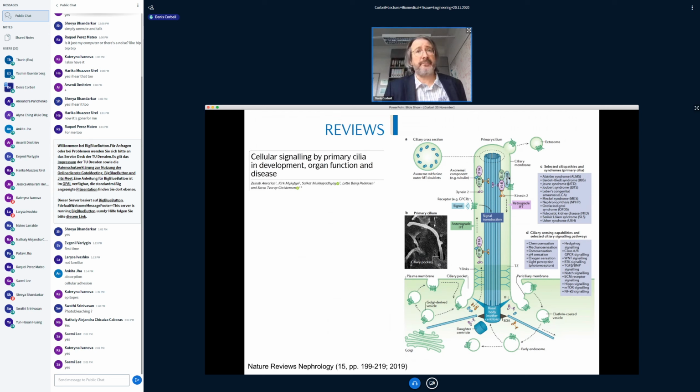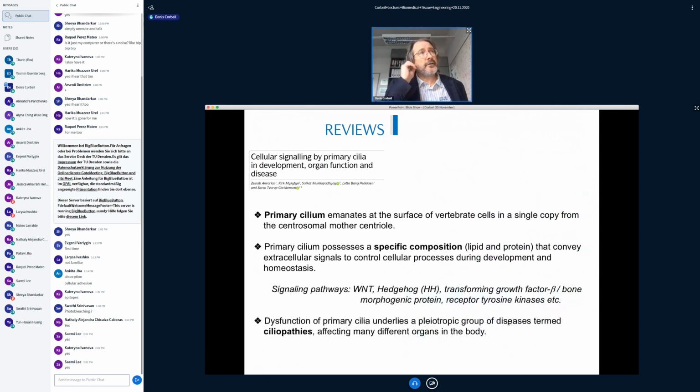And now you have a lot of papers coming out every month about the structure and the interaction of proteins within the primary cilium. I'm pretty sure that some of you will probably work on this in the near future. So, just an example of what the primary cilium can do. The primary cilium possesses a very specific composition of lipids and proteins. I showed you in the beginning that they can have GM1 and GM3 together in the same structure, while the microvilli have only GM1.